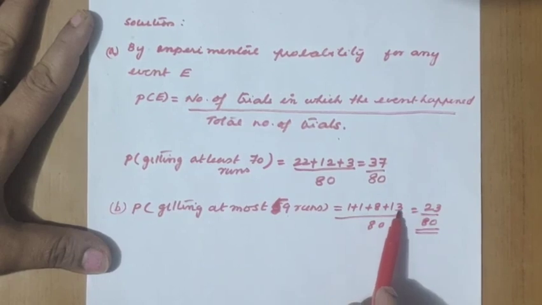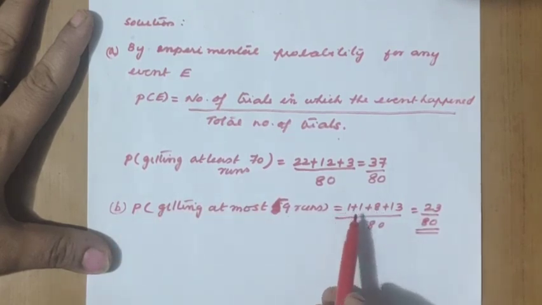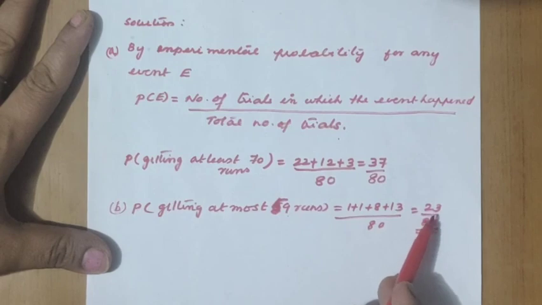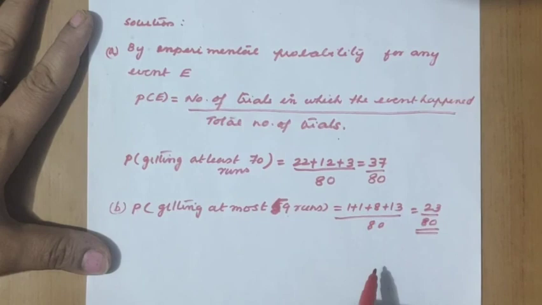For 59, you can see that 50 to 59 is the class interval, 13 is the frequency, so just below that one 13, 8, 1 and 1. So if you add this, 23 out of the total number of trials, which is equal to 80. So 23 by 80. Then at least 70 and at most questions are important from the probability chapter.